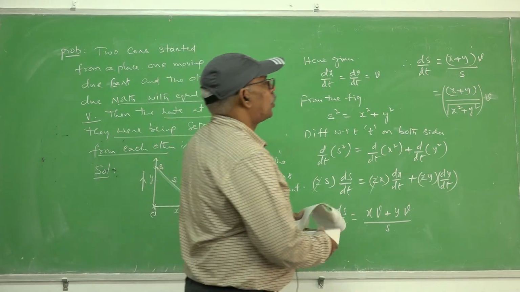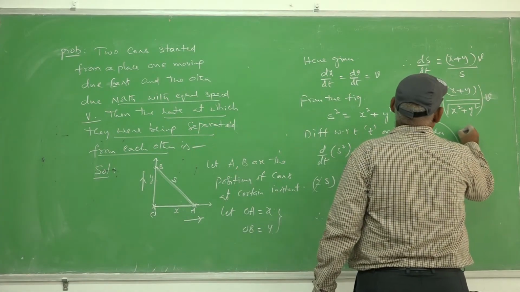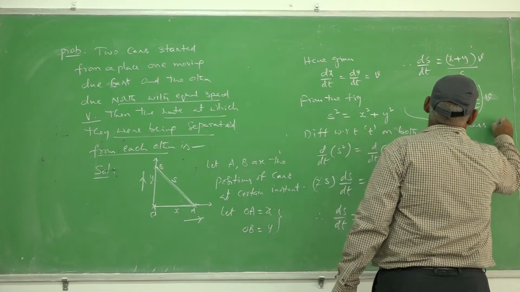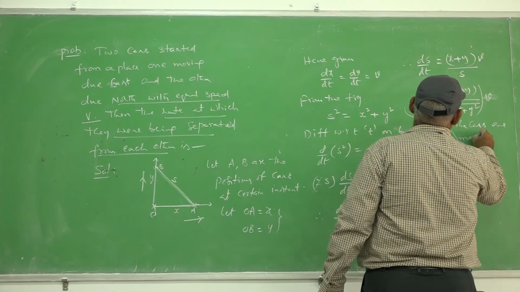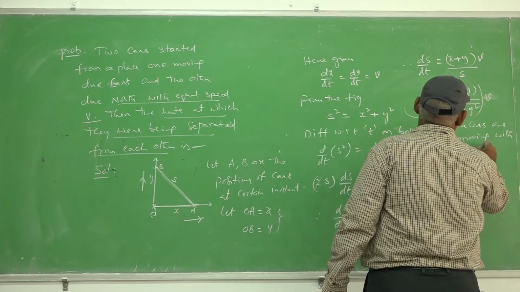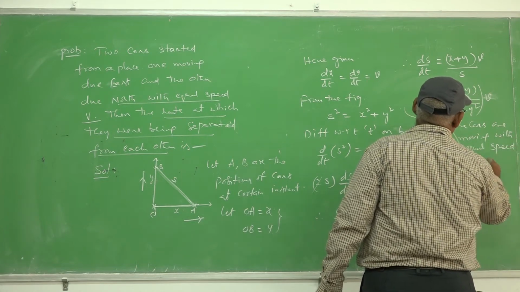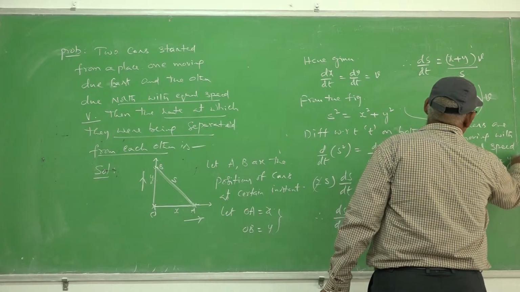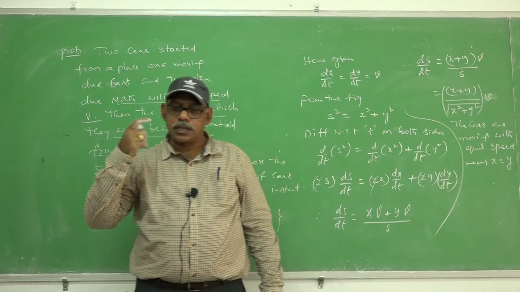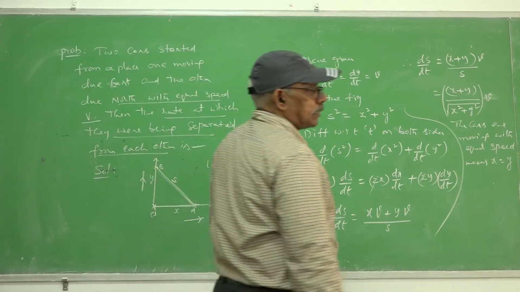Since the speed is the same, they covered equal distance in a stipulated time. So x is y itself.